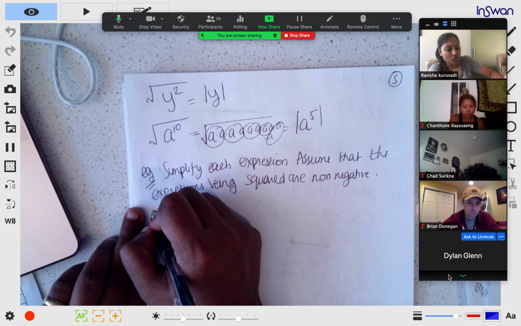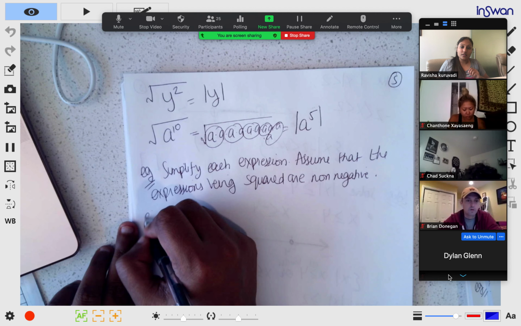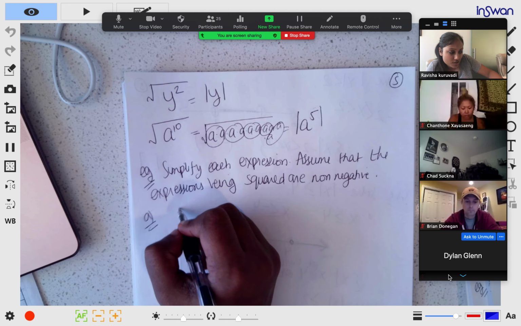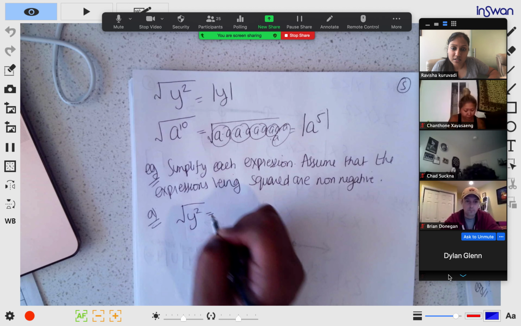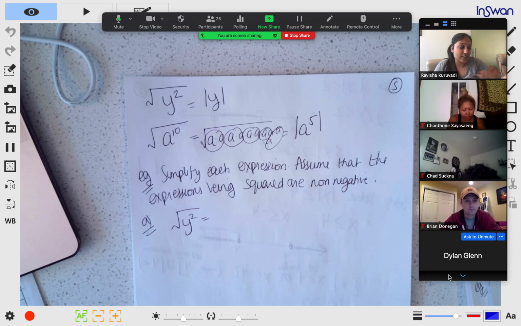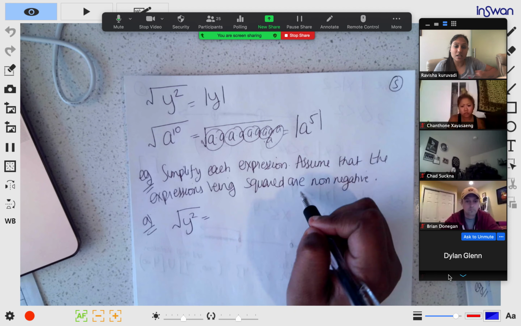So now they are saying the variables inside are not negative numbers, they're just positive numbers. If I have to find the square root of y square, I know my y is positive already. I don't have to worry about that. They say already non-negative, that means they are positive.